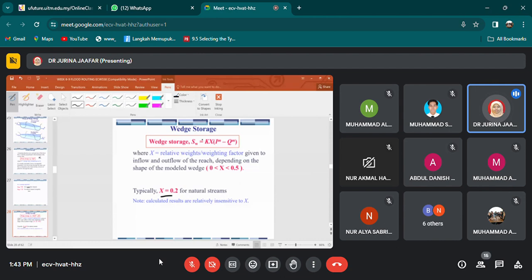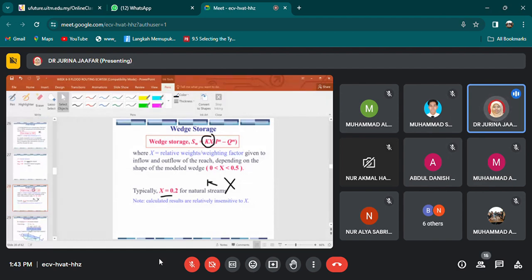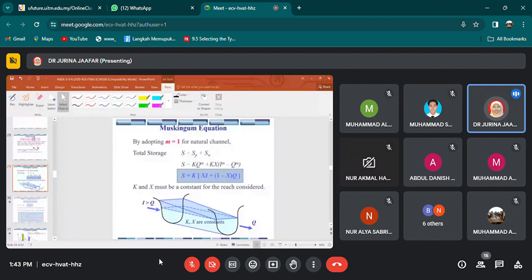So normally beza river dengan reservoir, dia ada K dan X. But using the same formula, cuma beza dia kena cari parameter K dengan X. So basically the equation will be macam total storage. This is the equation.